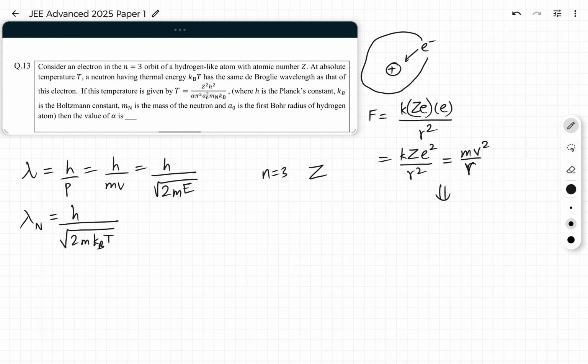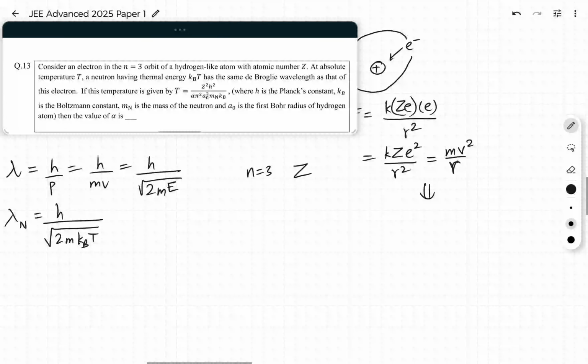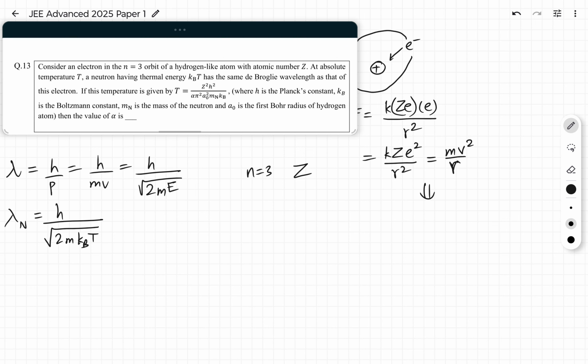Now we get a relation from here. Let's bring it in terms of r. So kZe squared by r equals mv squared by r, so r equals kZe squared by mv squared.